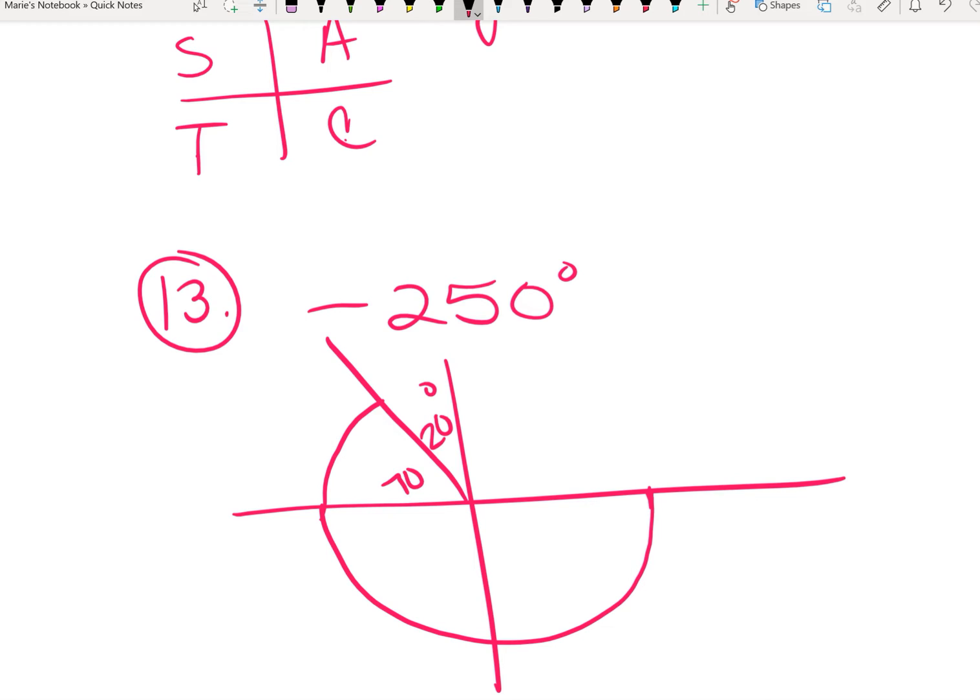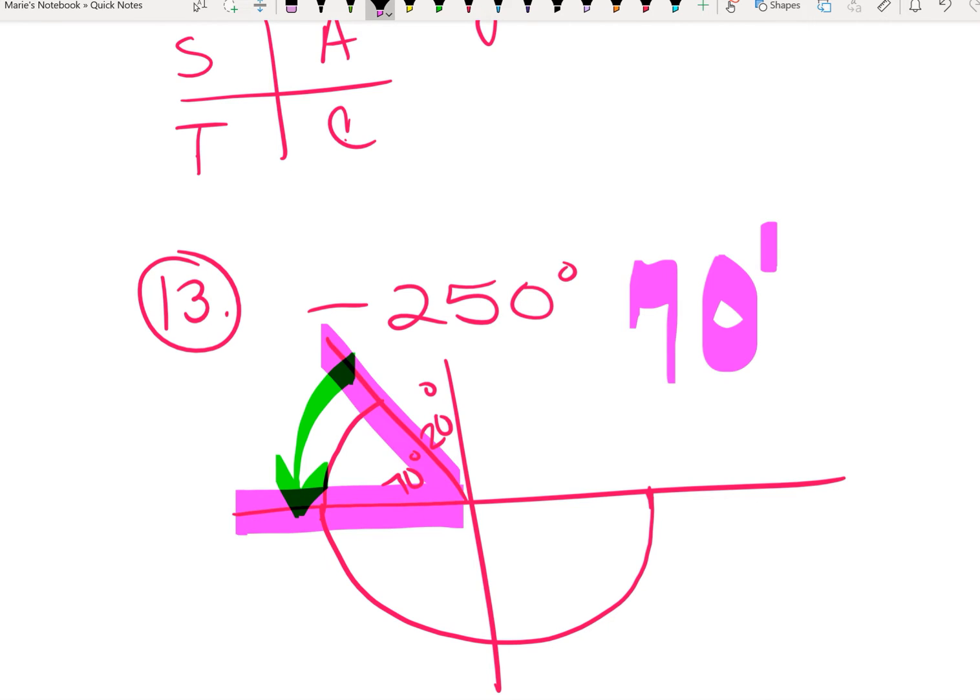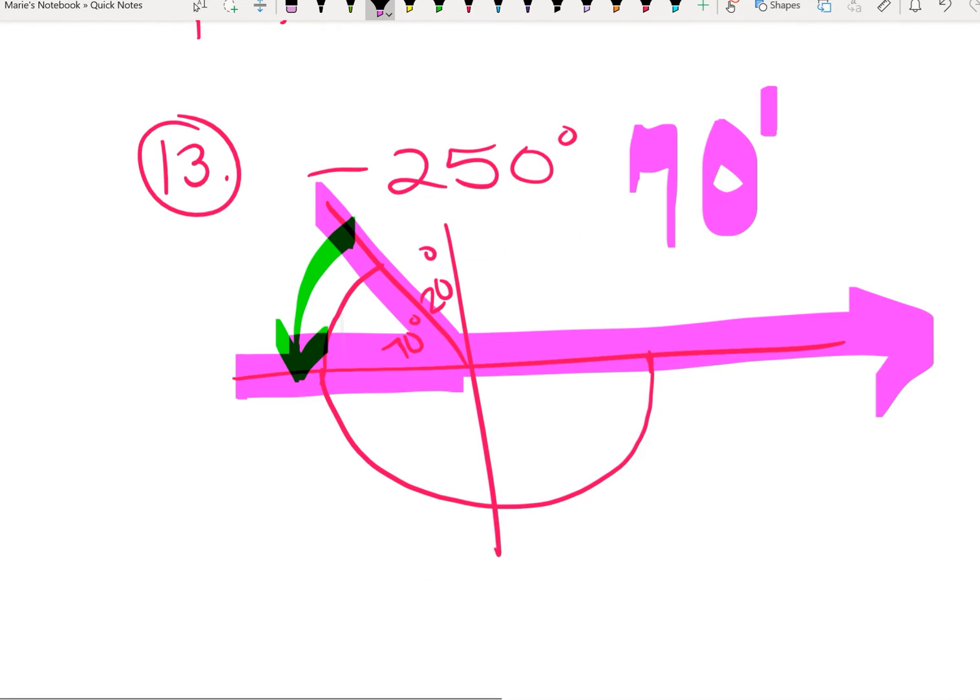This is 70 degrees here. But the reference angle brings you back to this 180 reference. So in this case, our reference angle has to be B. It has to be 70 degrees. Okay? That's the reference angle. Always back to the x-axis.